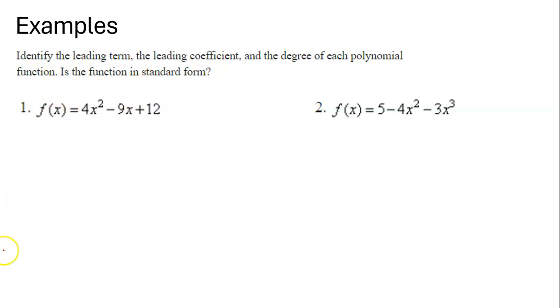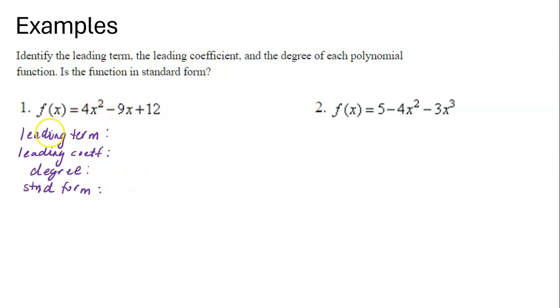Okay, and what they want is, it says identify the leading term, the leading coefficient, the degree, and if it's in standard form.